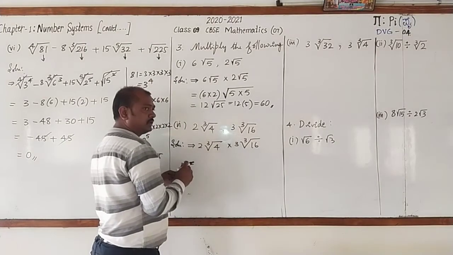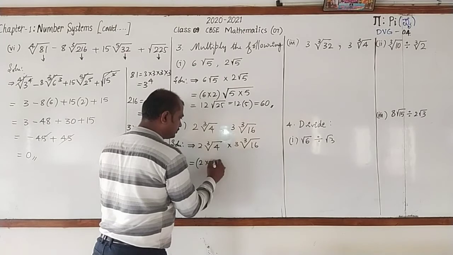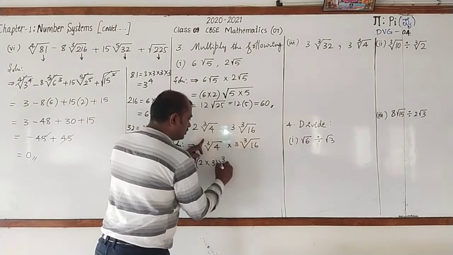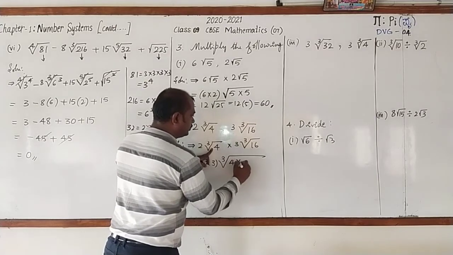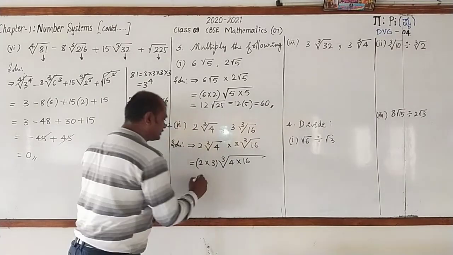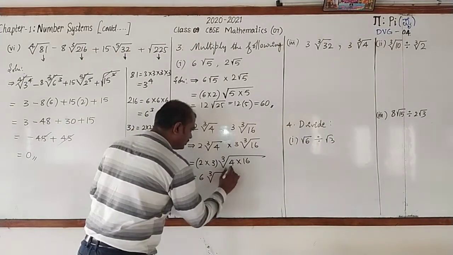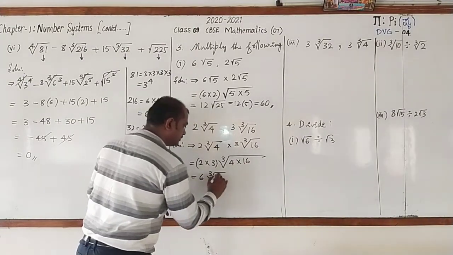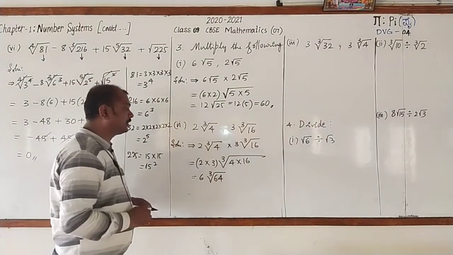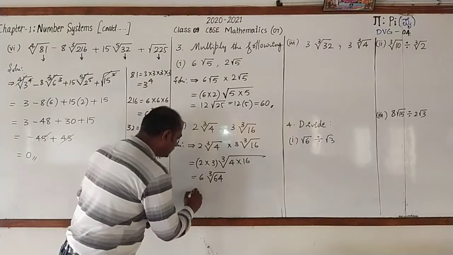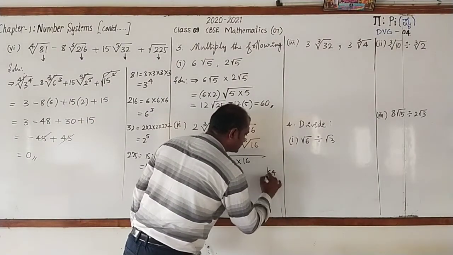As I told, first you multiply coefficients: 2 into 3, and order is cube, then 4 into 16. It is equal to 2 3s are 6, cube root of 16 4s are 64. Then how do you go for simplifying this? If you do not know, all of a sudden you can go for this method.